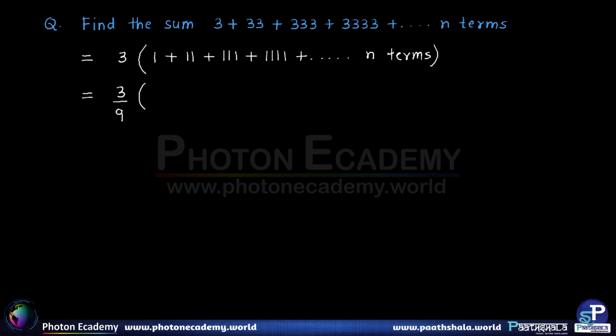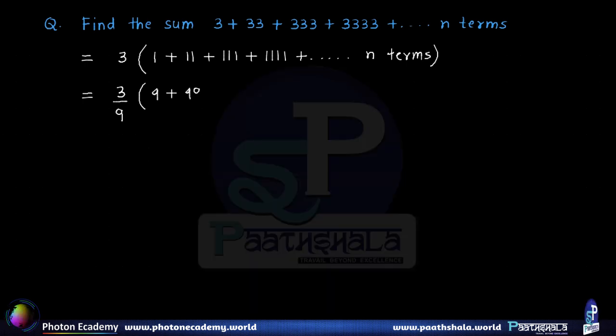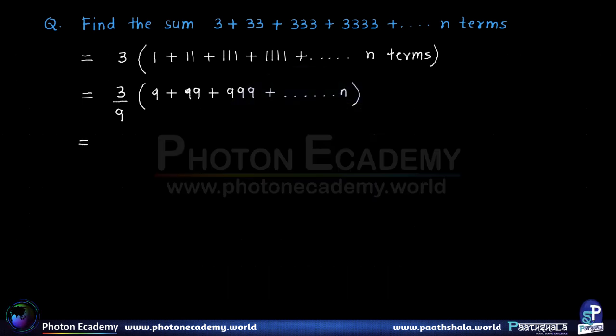So multiplying and dividing by 9, we get inside the bracket 9 plus 99 plus 999 and so on up to n terms. So there are n terms. So here I will still keep 3 upon 9 as it is to show the generalization at the end.